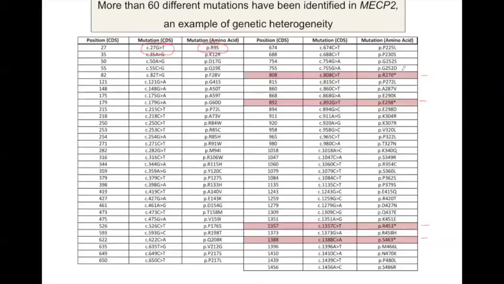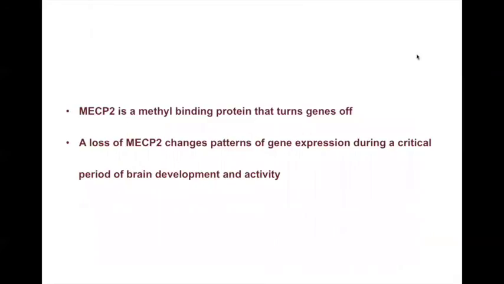In other words, the mutation has led to the introduction of a stop codon shown by an asterisk. So MECP2 is a methyl binding protein that turns genes off. Loss of this gene changes patterns of gene expression during a critical period of brain development and activity.